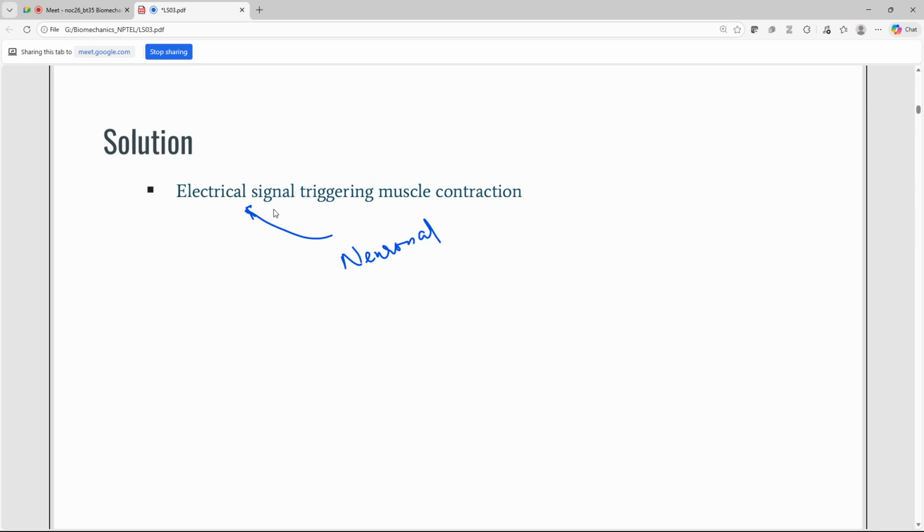When this electrical signal from neurons reaches the neuromuscular junction, the excitation contraction coupling mechanism is actually a cascade, meaning one event leading to another event.